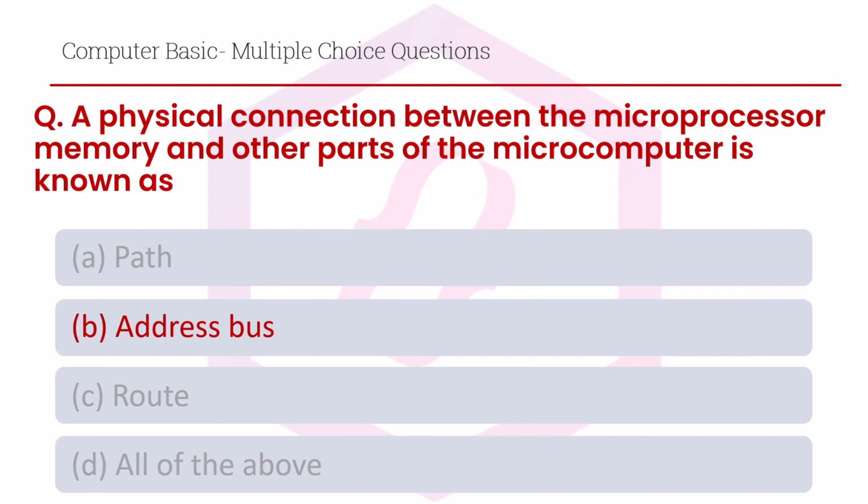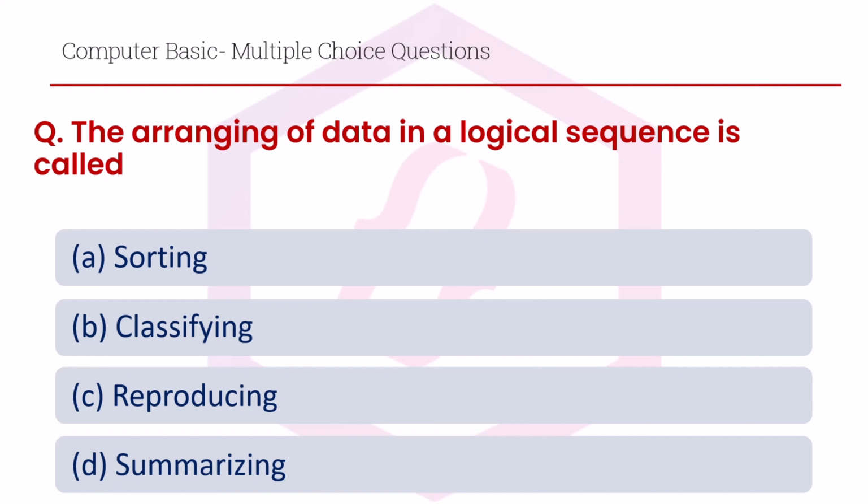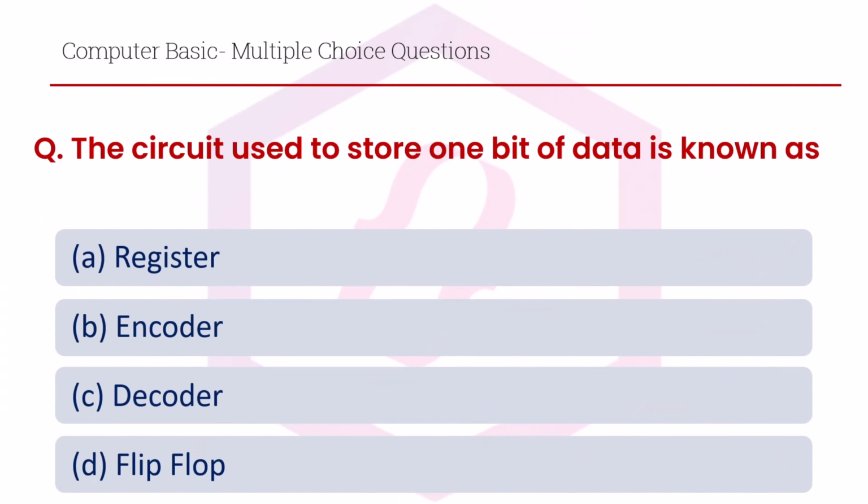The arranging of data in a logical sequence is called A, sorting, B, classifying, C, reproducing, D, summarizing. And the correct answer is sorting. The circuit used to store one bit of data is known as option A register, B encoder, C decoder, D flip-flop. And the correct answer is D flip-flop.